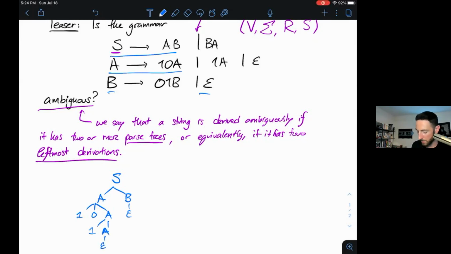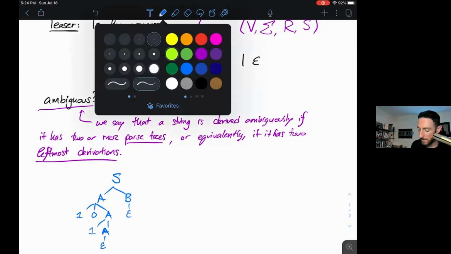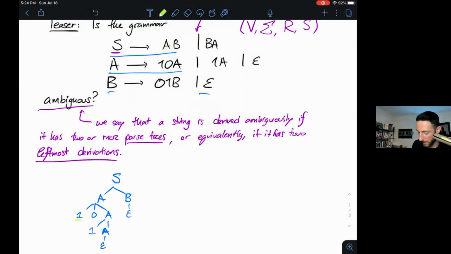This is a complete parse tree because every leaf is a terminal, or at least there are no variables on any leaf. If I were going to read this, I'd read the leaves from left to right: 1, 0, 1, empty string, concatenated. That is the string 1, 0, 1. That's a complete parse tree.